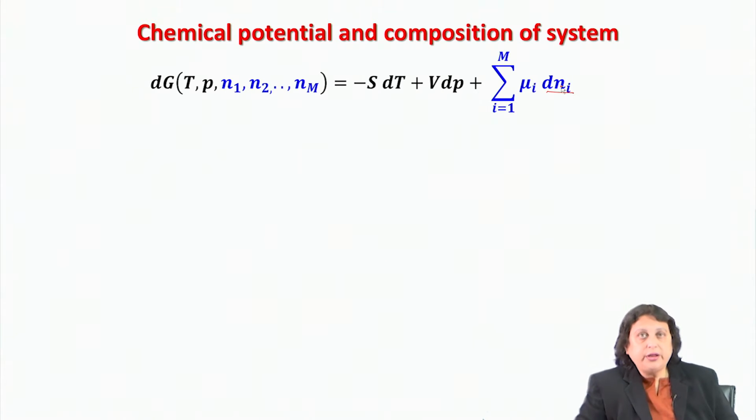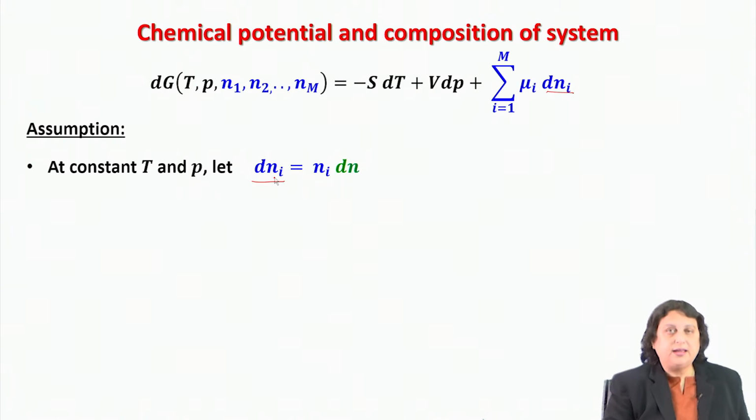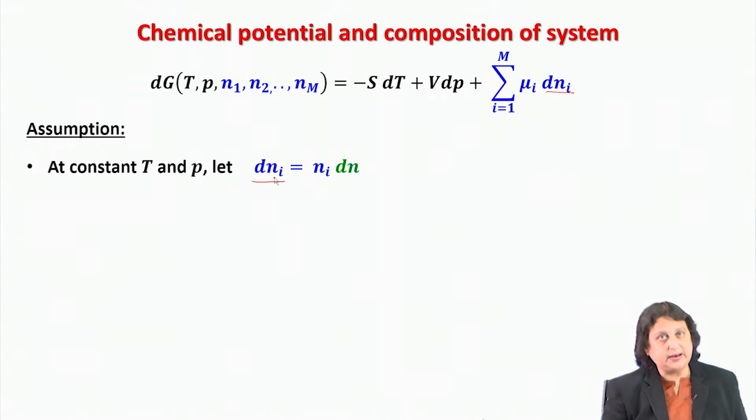So now we are going to look at how I can connect the chemical potential to the change in composition of the system in terms of temperature and pressure. My assumption for this case would be, let me change the composition of each component by the same extent. So if I have the ith component with composition Ni, in that case, I will introduce dNi as Ni into dN.